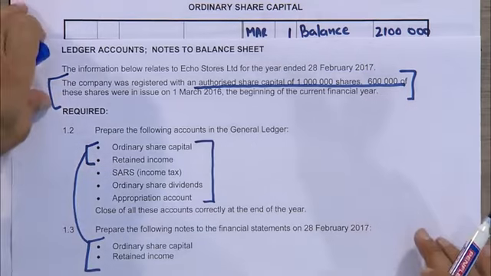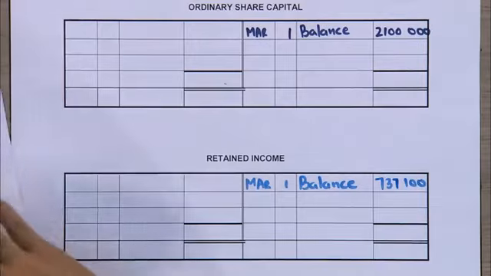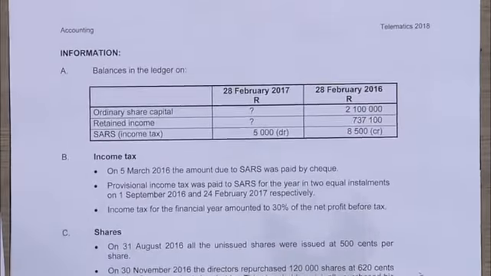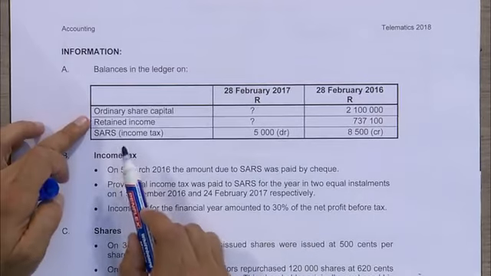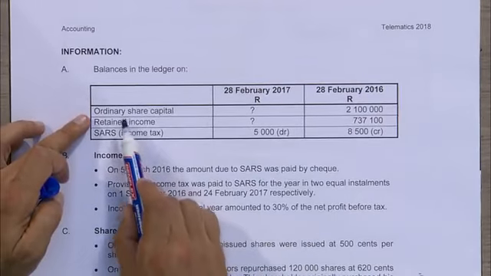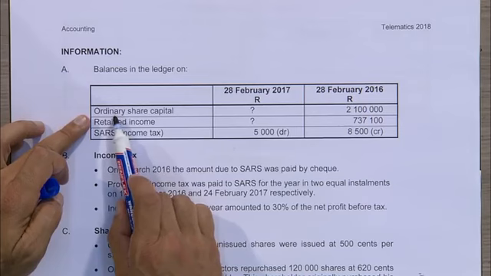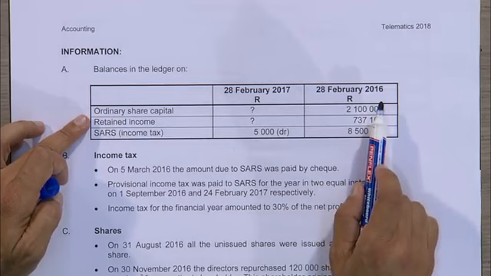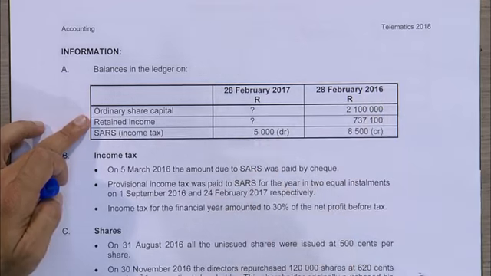So now let's get to the information so that we can see how to start. Here we have the information. By information A, they're giving me the opening balance for ordinary share capital. They've got the 2016 column and the 2017 column.